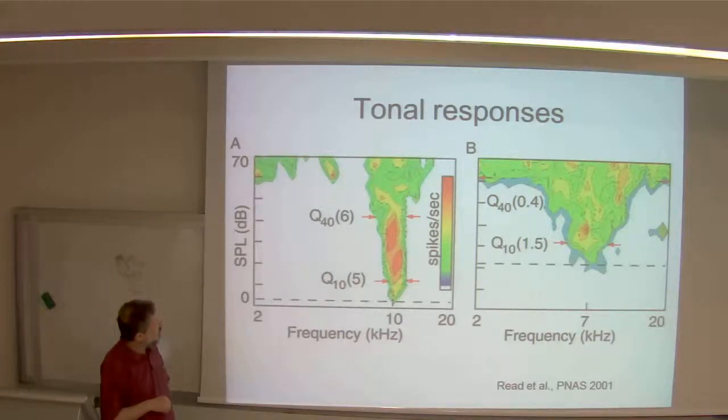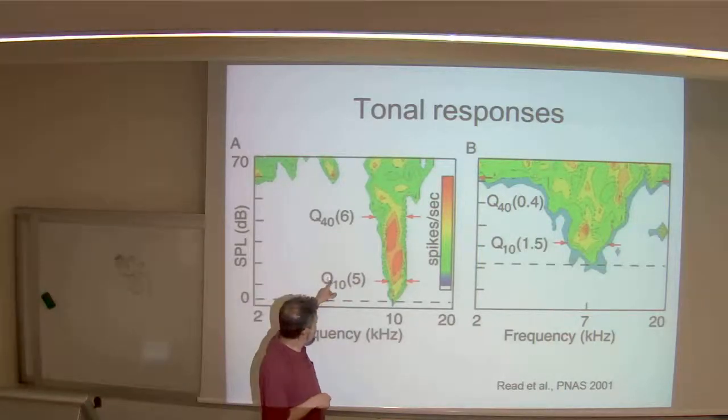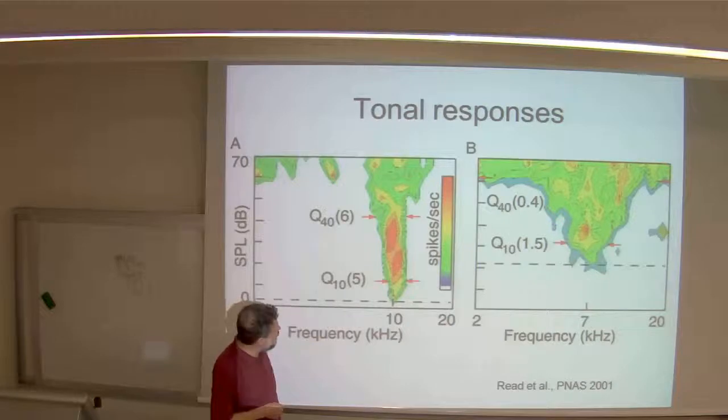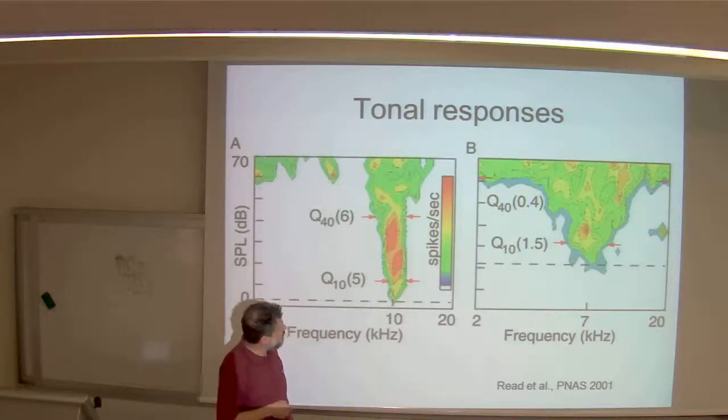There are all kinds of measures by which these tuning curves are similar to those in the auditory nerve. For example, this specific neuron has the Q10 of about 5. If you remember, we saw Q10s of auditory nerve fibers, and in the cat there were about 6. This is also cat. So this looks pretty much like the tuning curve of an auditory nerve fiber.